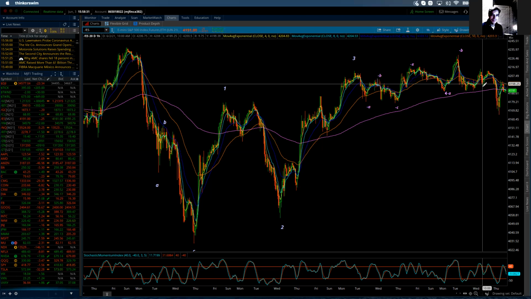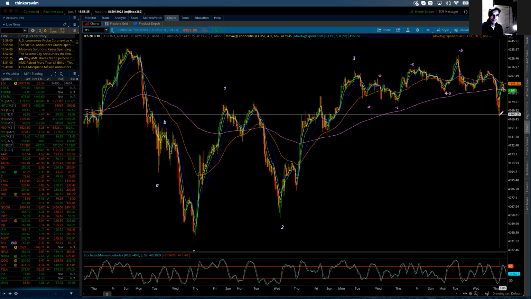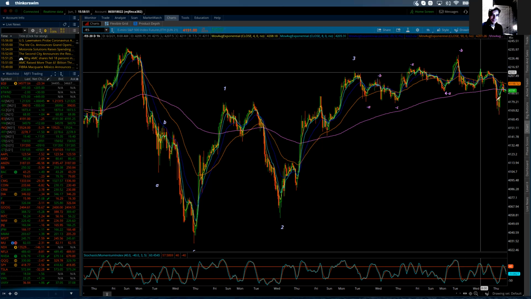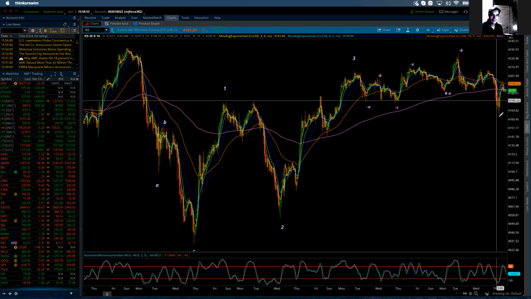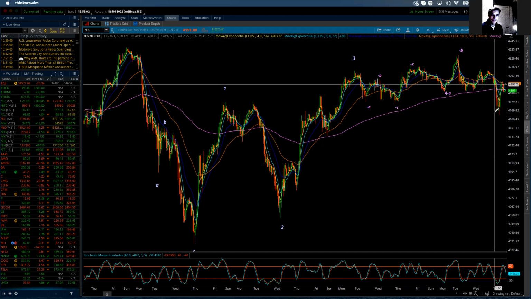It's still going to put the completion point of this third ABC right there, and therefore I am not convinced. So I may say this is 1, that's 2, and that's 3, 4, and 5. That fits much cleaner to me and puts that as a complete pattern.